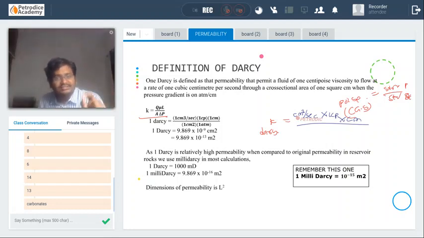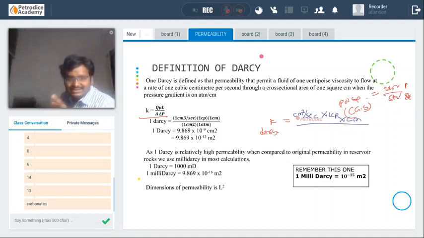So this is how Darcy is defined. A unit Darcy is the permeability of the formation that permits a fluid of 1 centipoise viscosity to flow at 1 centimeter cube per second through a cross-sectional area of 1 centimeter square when the pressure gradient is 1 atmosphere per centimeter. All the units are in CGS, similar to poise.